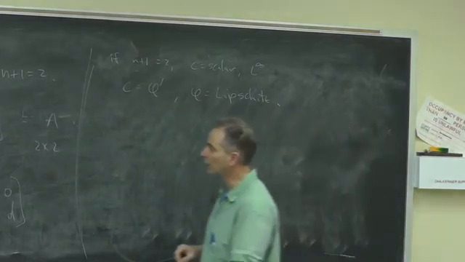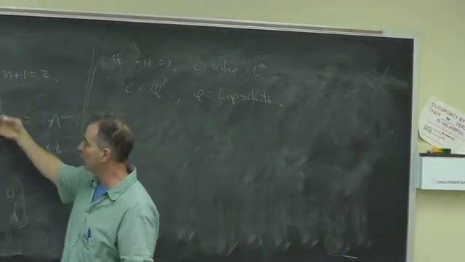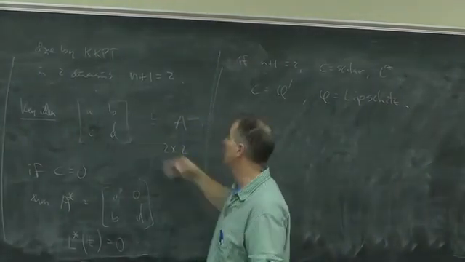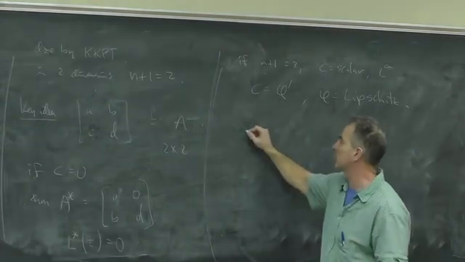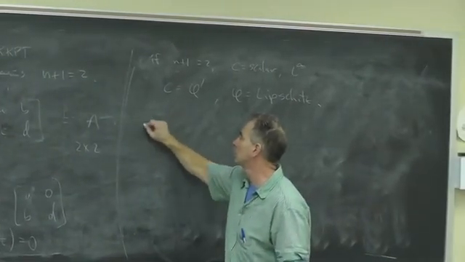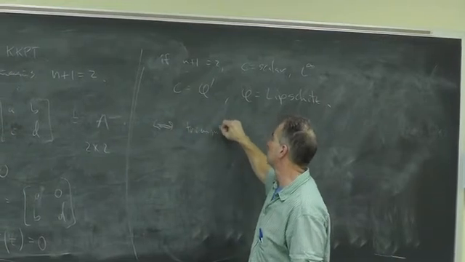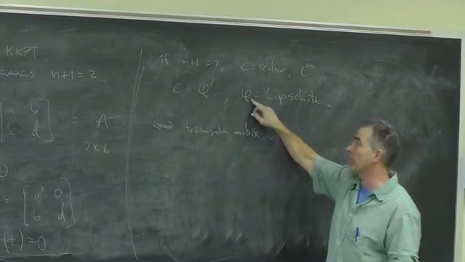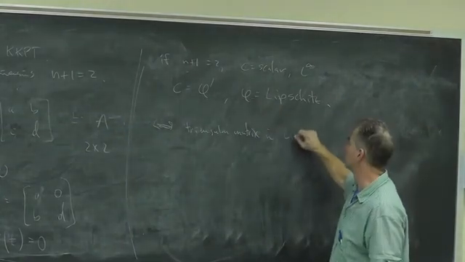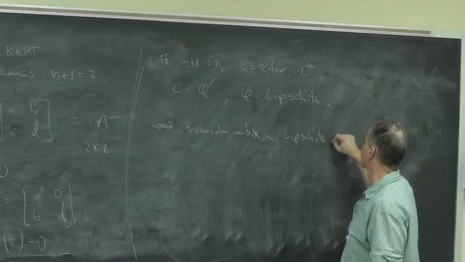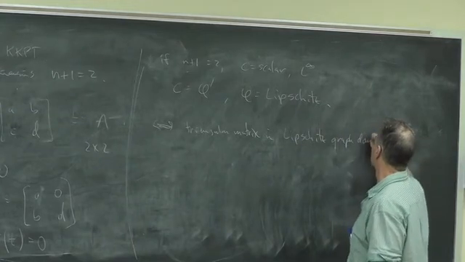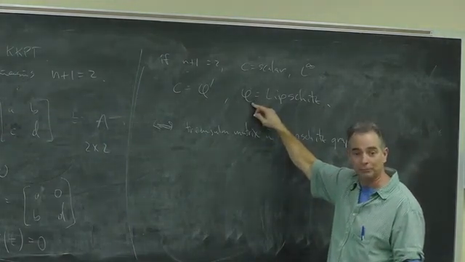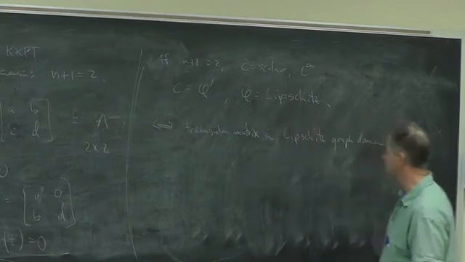And so it turns out that working with this matrix in the half space is equivalent to working with a triangular matrix in a Lipschitz graph domain, where the boundary is given by the graph of negative phi.